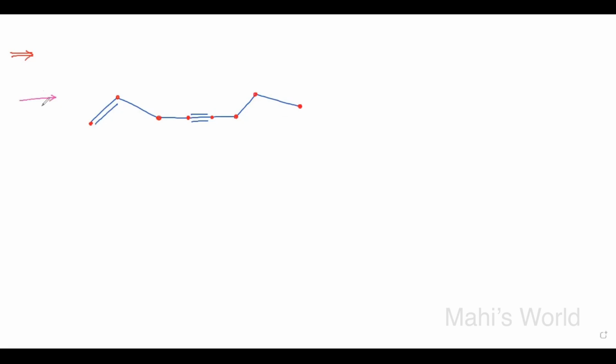Let me tell you why. If suppose numbers are given from this end, it will be after first, after fourth. You got double bond after first and triple bond after fourth. Let's see. Of course, you don't have anything over here.